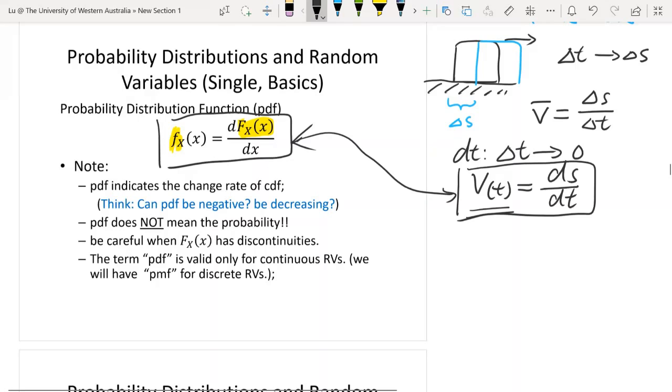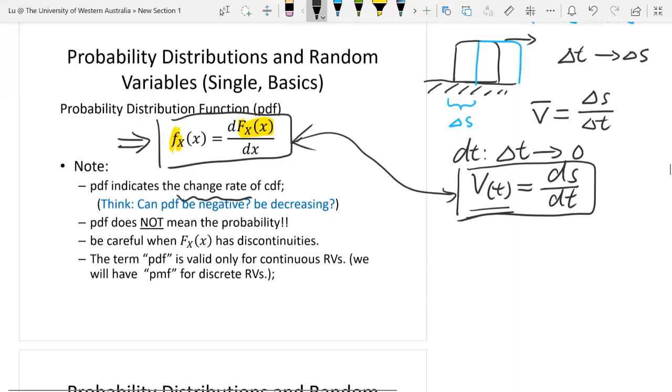So by using the same idea regarding this PDF function here, the PDF function of a random variable capital X is the change rate of the CDF function with respect to the value lower x. Get it?